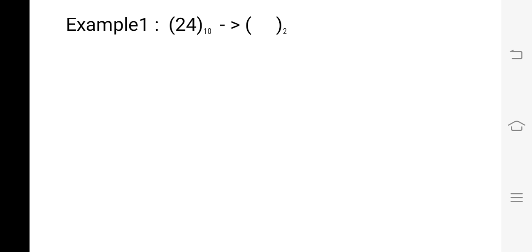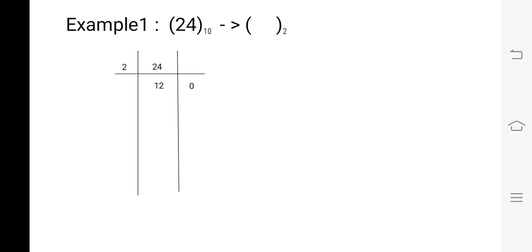In this example, 24 is a decimal number because 10 is written outside the parenthesis. Now we have to find the binary equivalent. For this we will use the repeated division method. First we start with 24 divided by 2, and what will the quotient be? 12. 12 multiplied by 2 equals 24, and the remainder is 24 minus 24, which is 0.